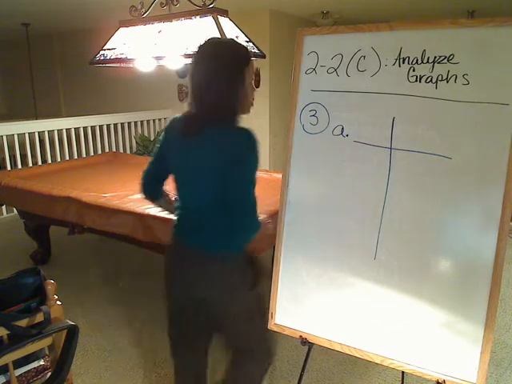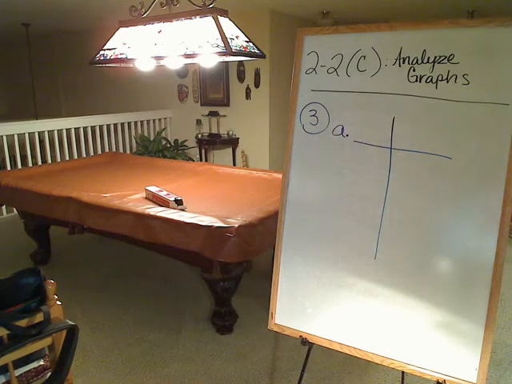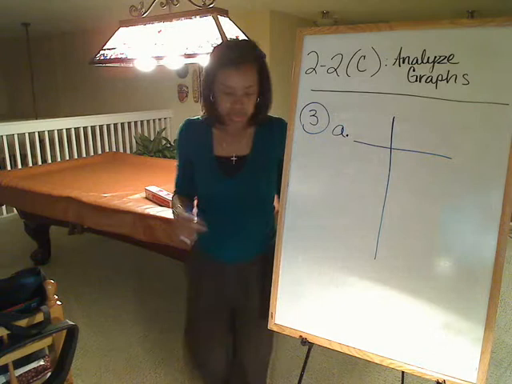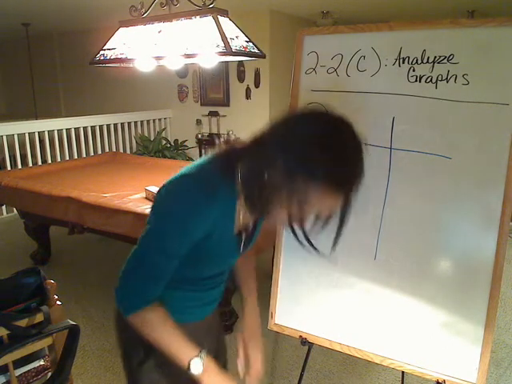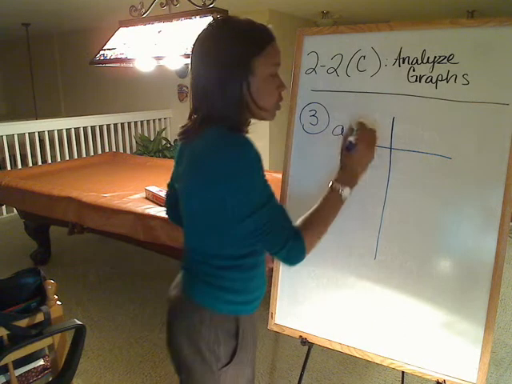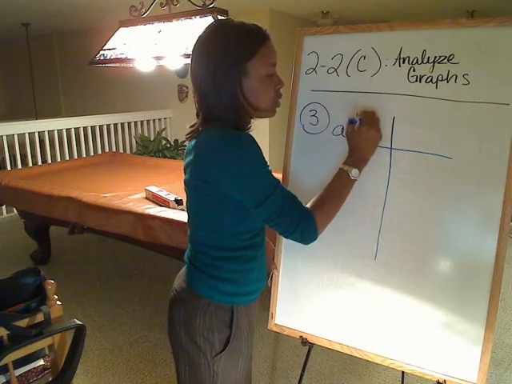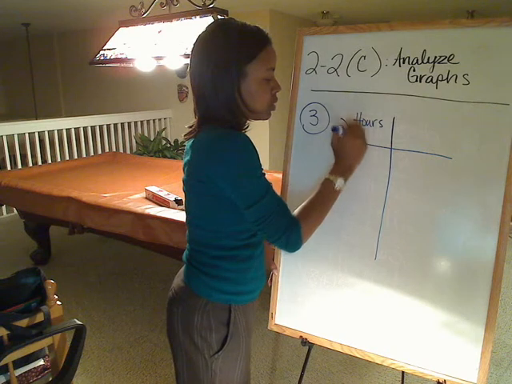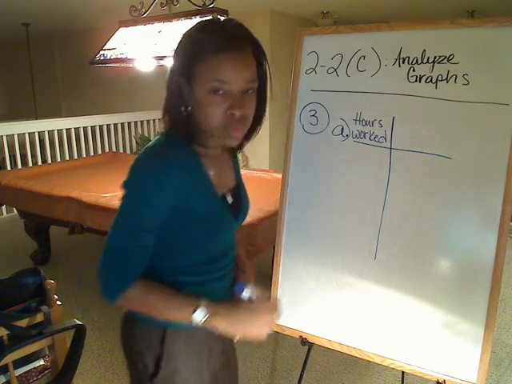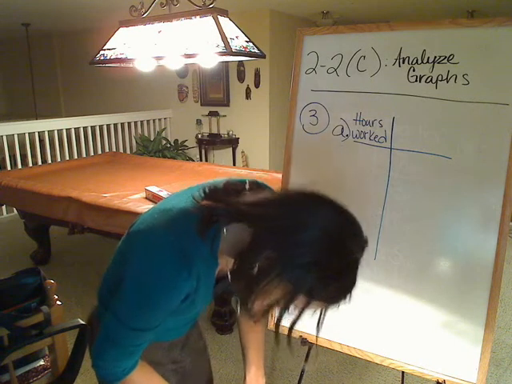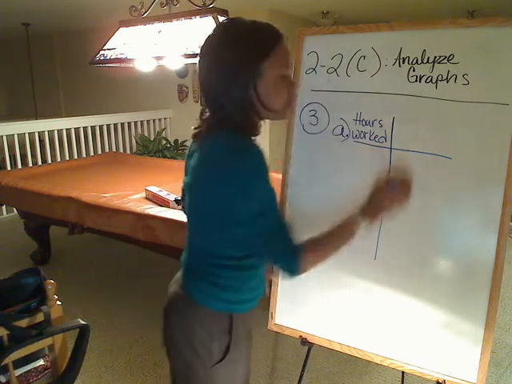Hold on one second. So the ordered pairs, the first one is 1. Well, what are they talking about? I'm sorry. Number of hours worked. So let's say hours worked. It's hours worked versus the amount of the bill.